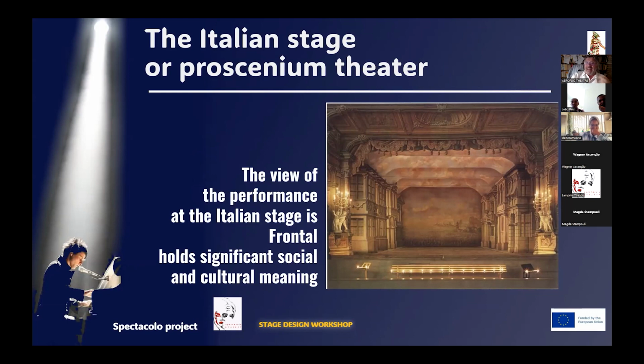In any theater, whether thrust, circle theater, or arena, everybody prefers the frontal seat to see the actor's face. So here are some aspects of the social meaning of the seating at the Italian stage and why it is frontal. The hierarchy and the social status.